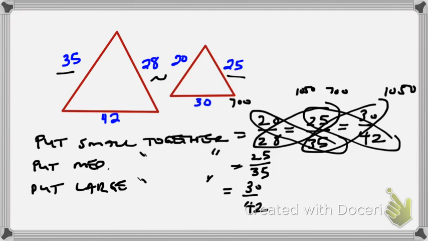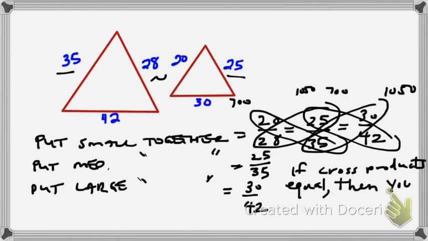And so now all these cross multiplies work together. That makes them proportional. So if your cross products are equal, then you have similar figures.